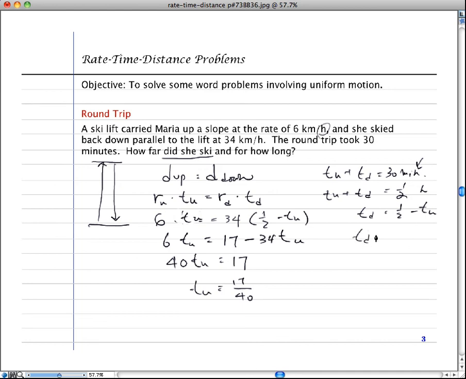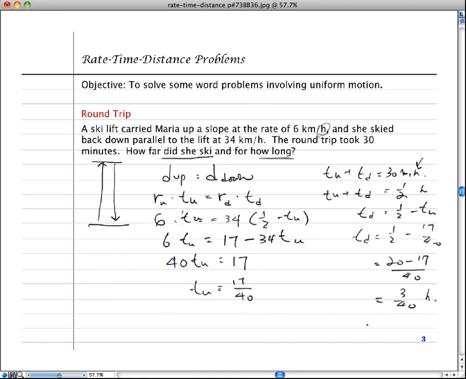So t sub d is equal to 1/2 minus 17 over 40. And that will give you, this is 20 minus 17 over 40, which gives you 3 over 40. Okay, guys. So what that means is that it took that much of an hour. What else are we looking for? Yes, we're looking for how far did she ski.